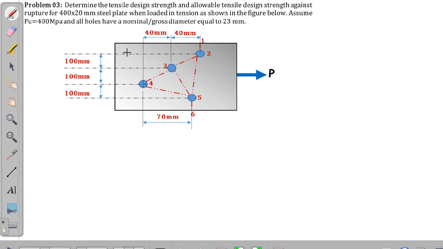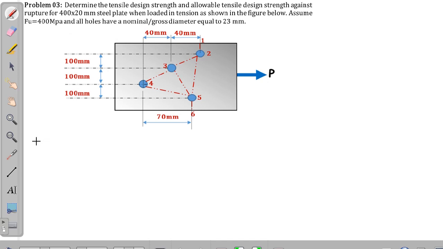So we have to assume that our FU is equal to 400 MPa and that all holes have a nominal or gross diameter equal to 23 mm. Okay, so ang given dito is the nominal or gross diameter of hole, which is equal to 23 mm.